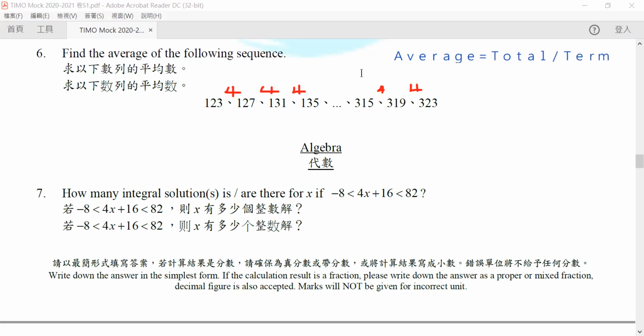Right? So what is the total? We know that for an arithmetic sequence, the total is equal to the first number plus the last number, times the number of terms, divided by 2.